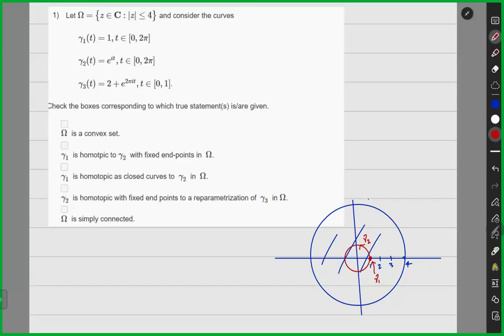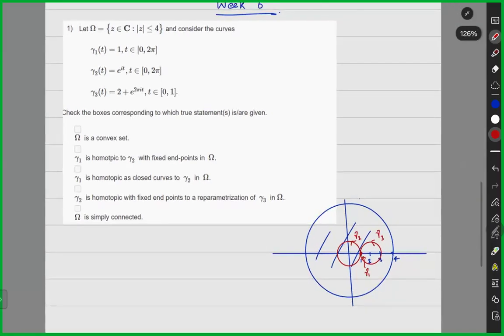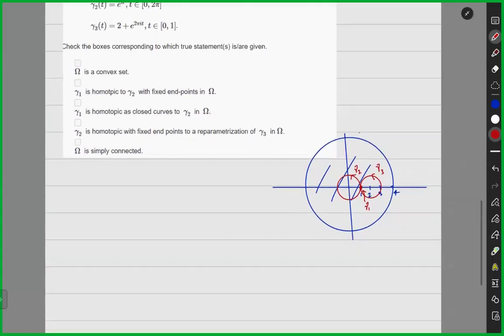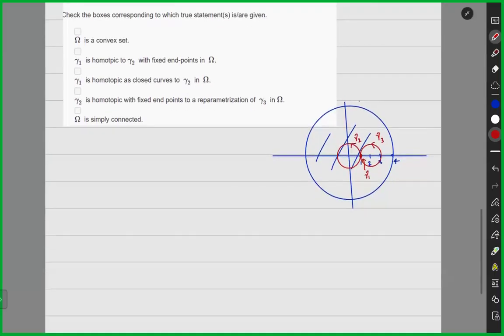Gamma 3 is a unit circle centered at 2, right? So this is gamma 3. Okay, now we know these curves from the picture. Now we're coming to the question, what is this first part? Omega is a convex set.